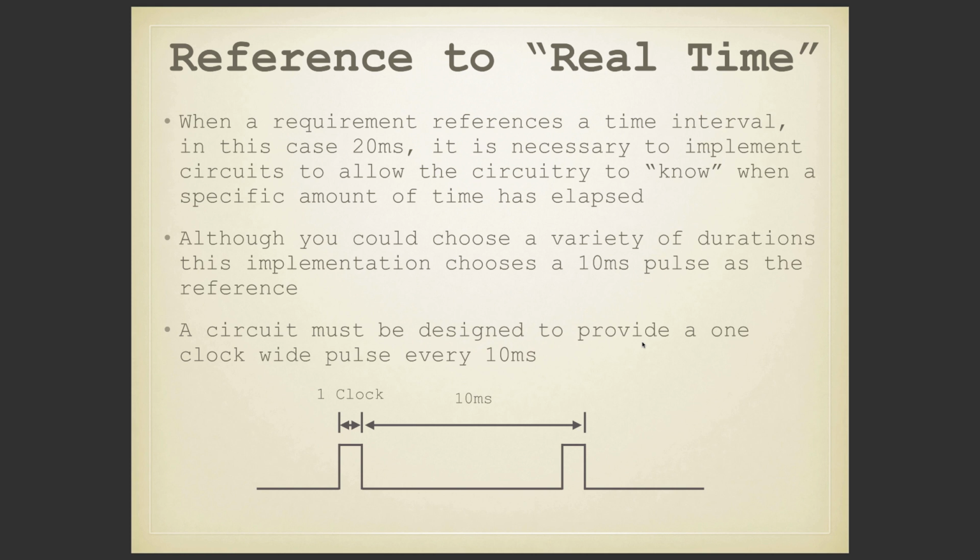So the circuit that we need first is this pulse generator. Its behavior will look like what's on the bottom. It'll be active for 1 clock, and it will then be inactive till 10 milliseconds has elapsed, and it'll fire again.